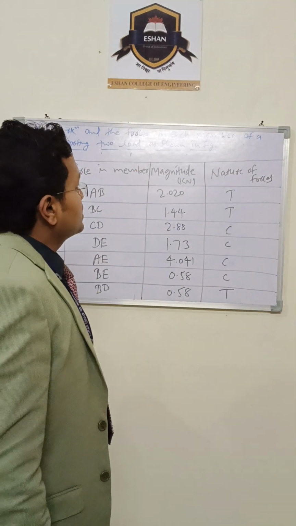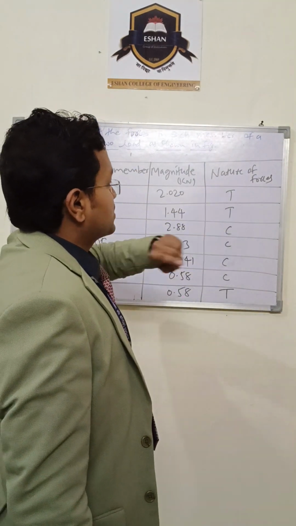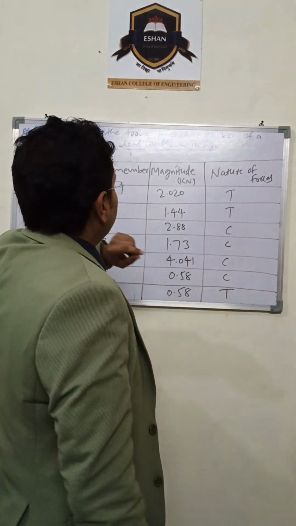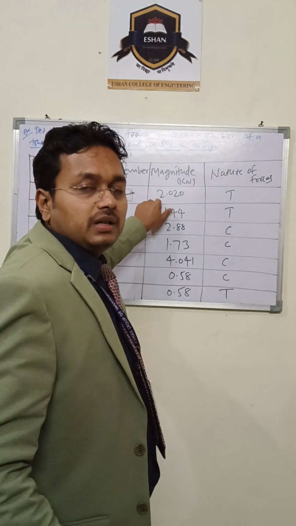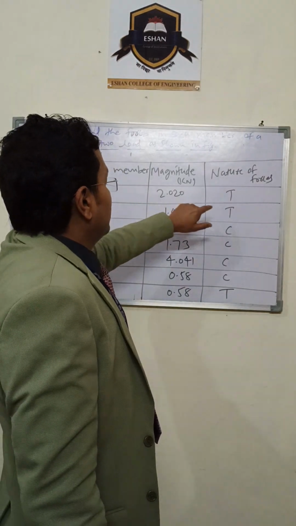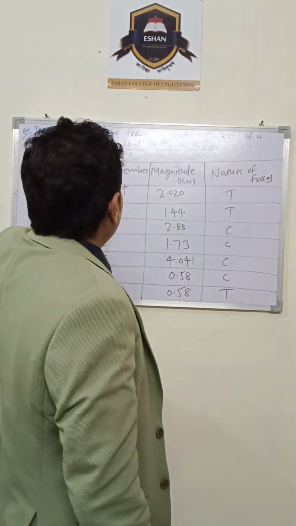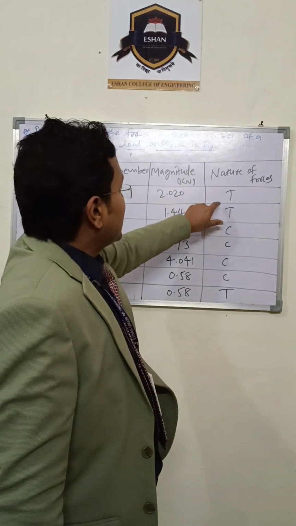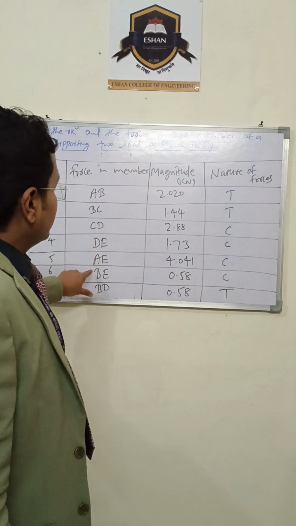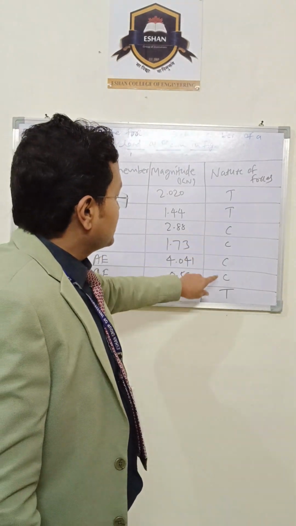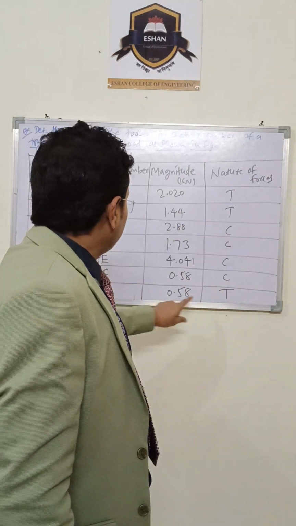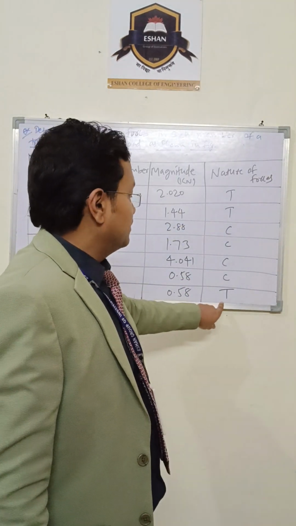AB and BC are both tensile in nature. CD, DE, AE, BE are compression in nature, and BD is tensile in nature.